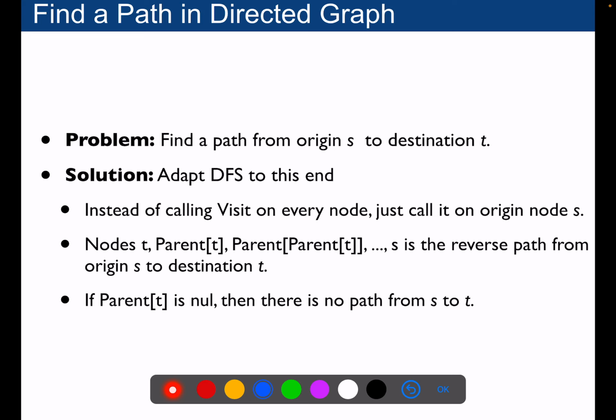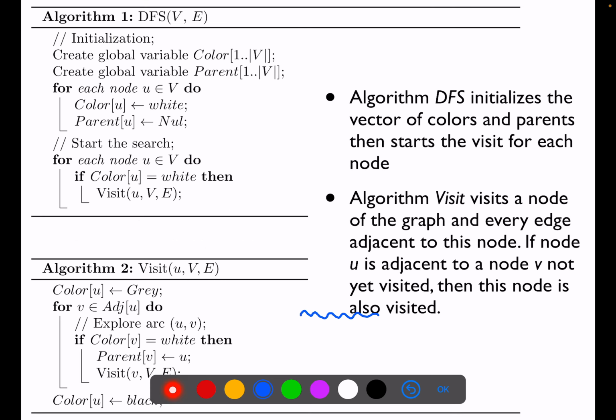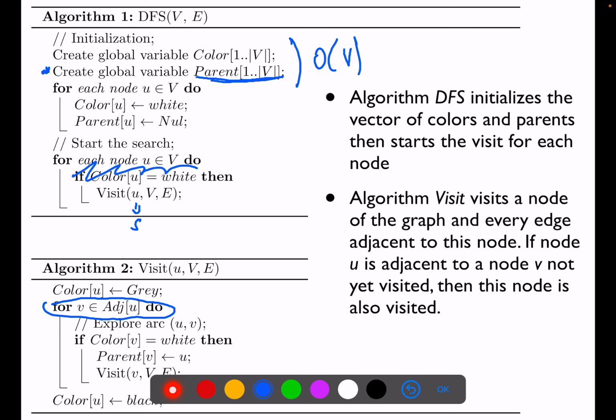If you want to discover whether there is a path in a directed graph, you just adapt depth first search. Instead of calling visit on every node, you just call it on the origin node, because you are interested in finding a path from S to T, so you just start from S, right?